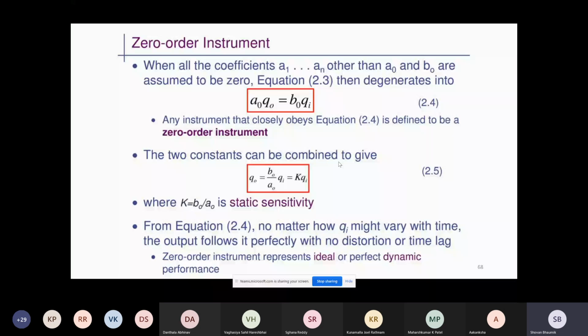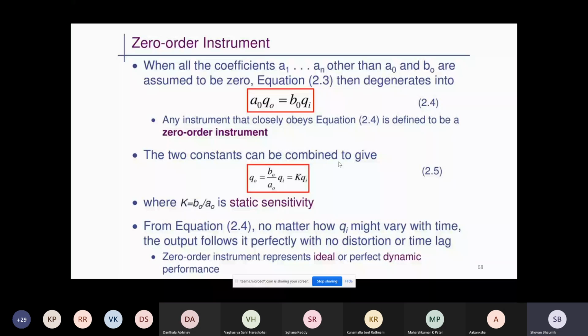From equation 2.4, we see that no matter how fast qi varies, the output will perfectly follow the input, with no distortion, no time lag, no dynamics.